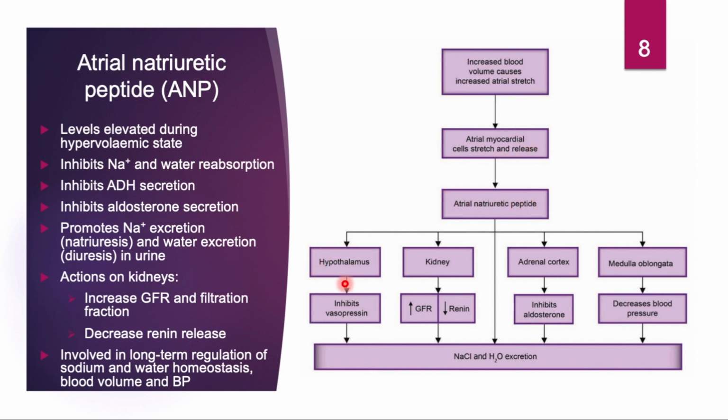ANP will inhibit the hypothalamus to release ADH, increase GFR while decreasing renin secretion in the kidney, inhibit aldosterone secretion by the adrenal cortex, and also signal the medulla oblongata to decrease blood pressure. All of these ANP actions will lead to increase in sodium and water excretion in urine.